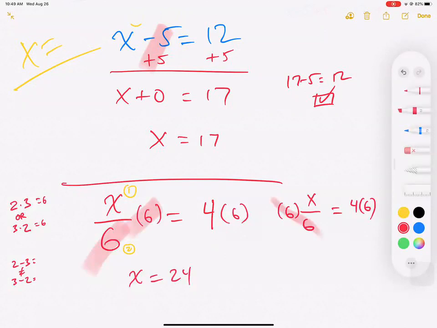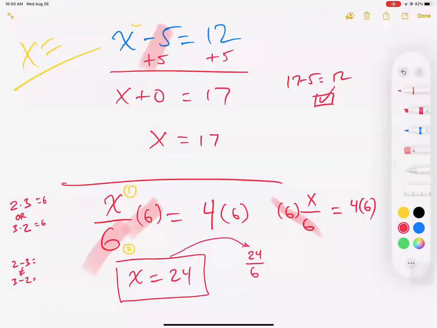And we still end up with 24. Now, the goal of our solving in algebra is to get x by itself. And look, x is by itself. X is on one side and the number is on the other. Let's double check. 24 divided by 6 because x is now 24. This is called substitution. We're substituting the x for 24. And this does become 4. And that is correct.